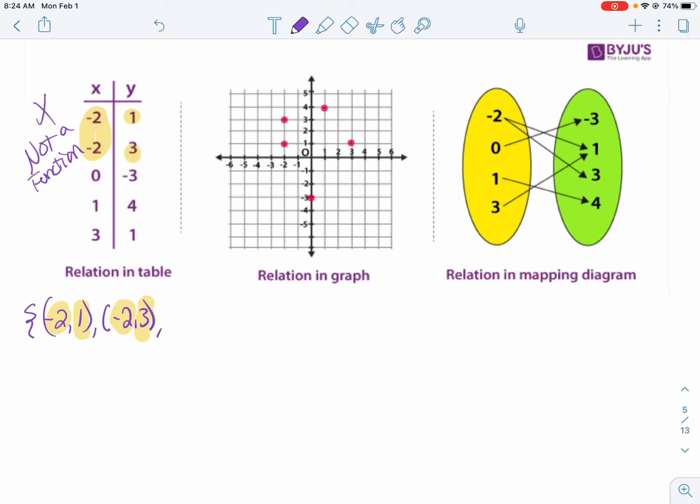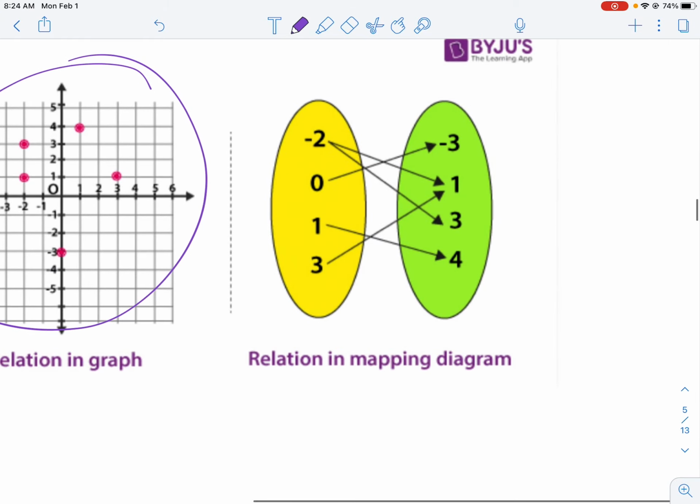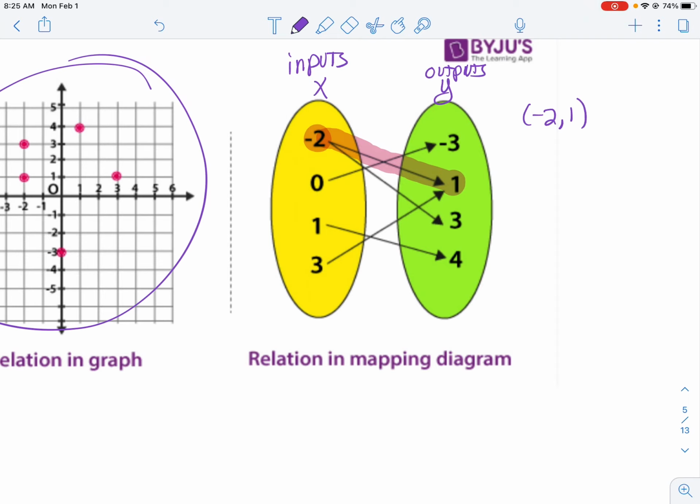You'll talk about graphs with a different group here, but all I did was take these points and plot them on a graph. And then a mapping is the last thing that we want to talk about. A mapping is where you have x's and y's, or inputs and outputs, and they're connected with arrows. So this first point, -2, has an arrow to 1, so that would make the point -2, 1.